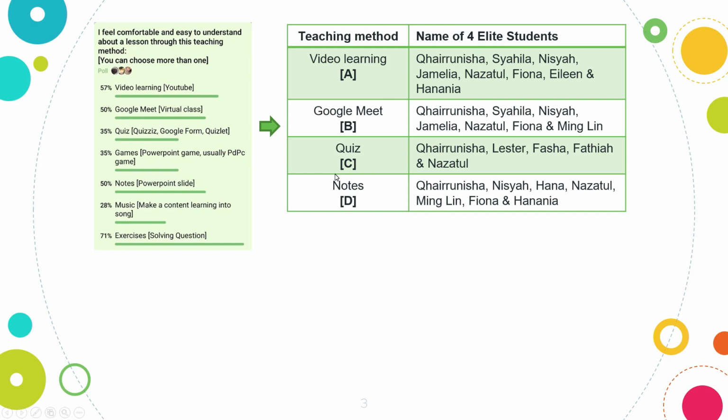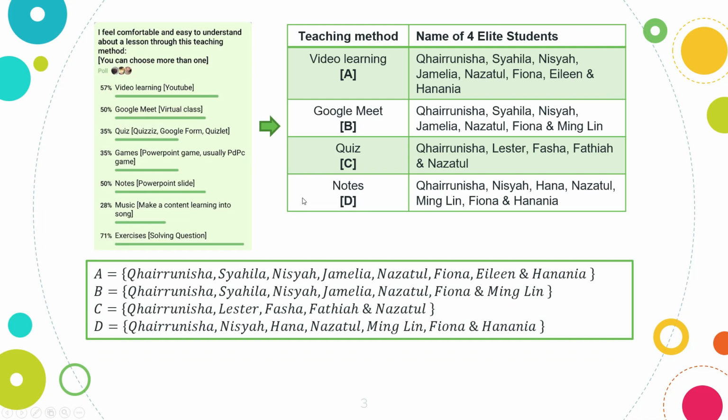Now I will transfer this data in table form into set form like this. This is set notation, which means the set form of listing the data. A is video learning, which I already labelled in this table, and this is the list of the names who voted for video learning: Kaironisha, Shahila, Nisha, Jamelia, Nazatul, Fiona, Eileen, and Hanania.